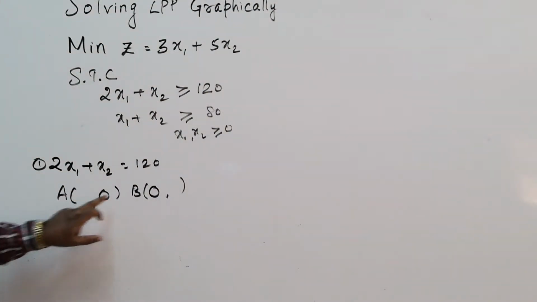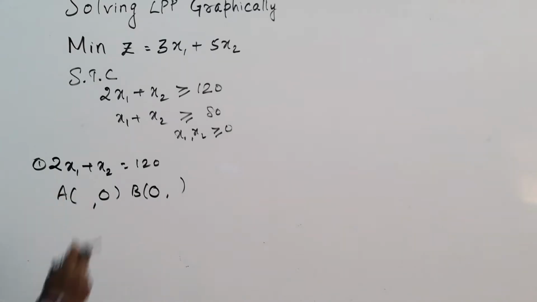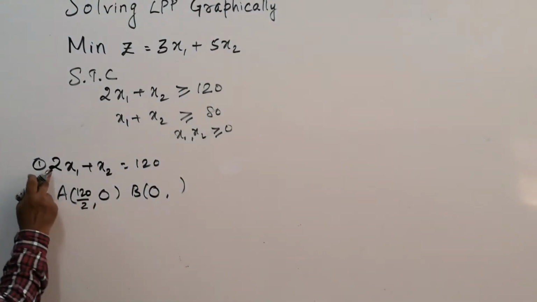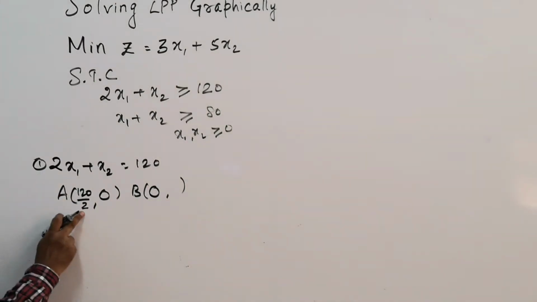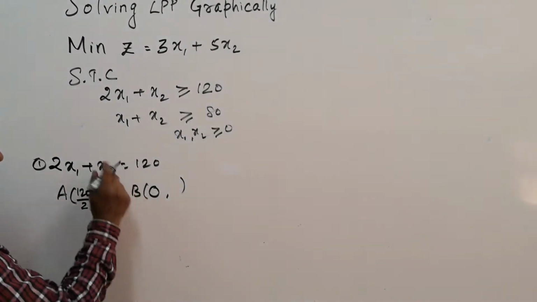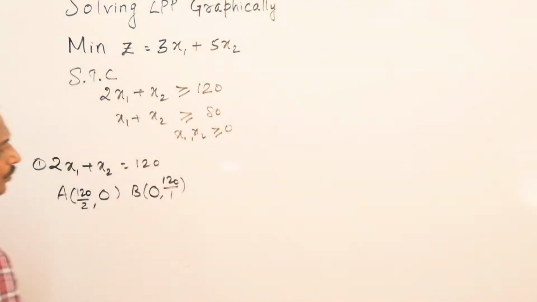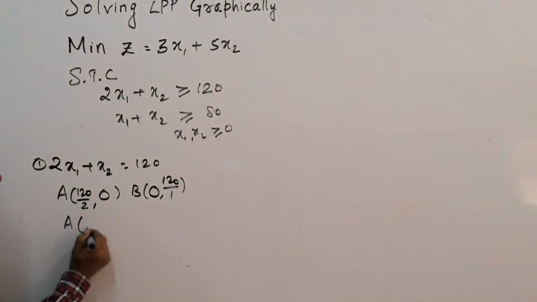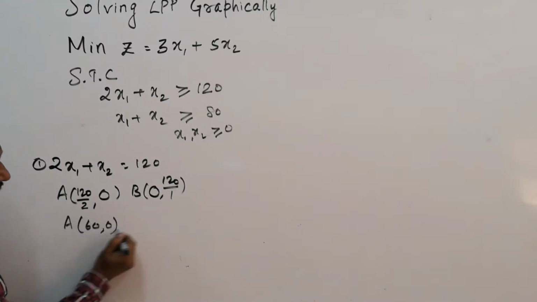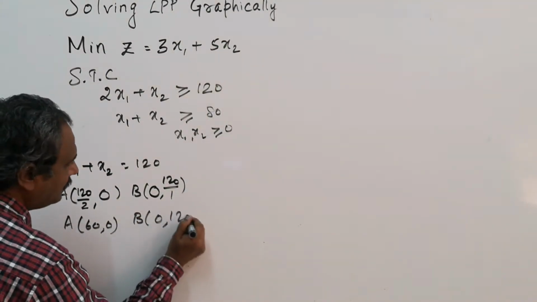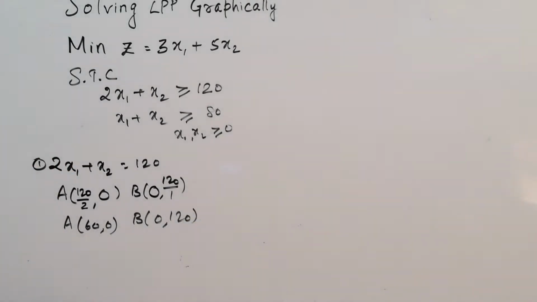I am going to take the right hand side, 120, divided by the coefficient of x1, which is 2. The same idea here, the coefficient of x2 is 1. So the point A is 60, 0 and point B is 0, 120.